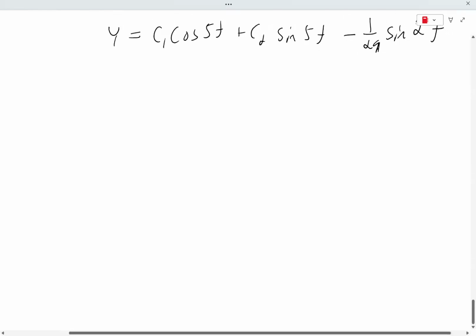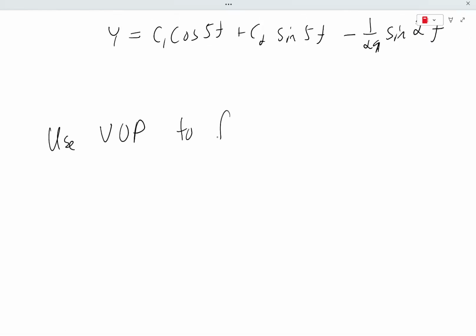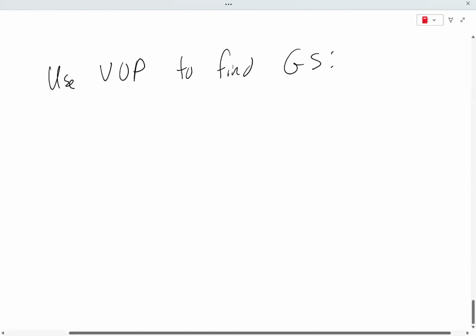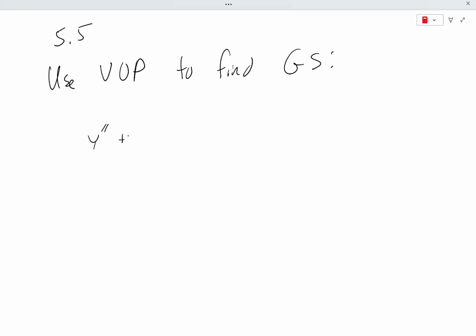Okay, so let's say here, use variation of parameters to find the general solution. This is section 5.5 if you're keeping track of that. But anyway, here then: y double prime plus 10y prime plus 25y equals 7e to the negative 5t.